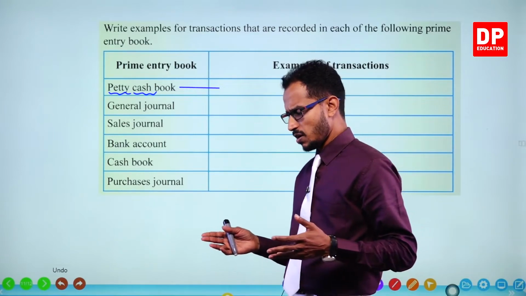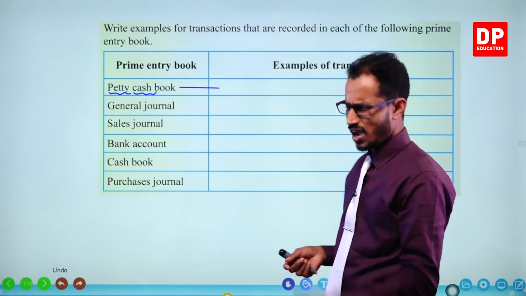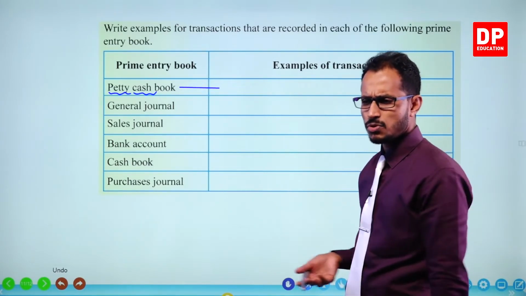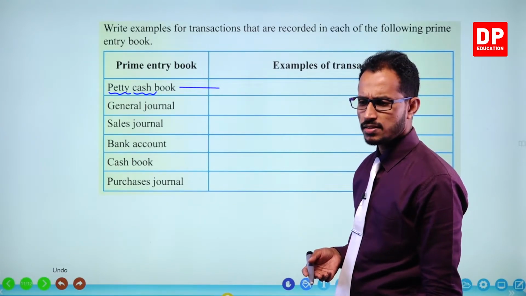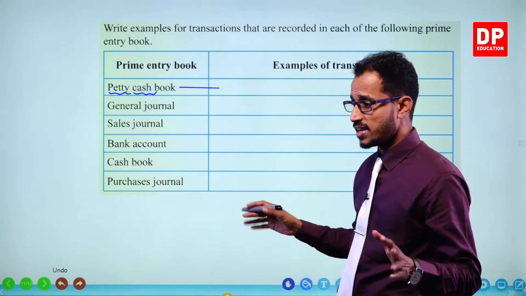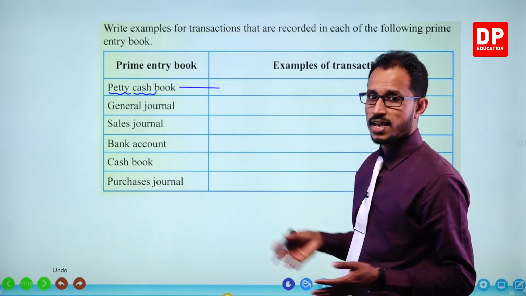Let's say you are sending 2 letters, so it will be like 50 rupees. You can't enter these amounts in the main cash book. The main cash book gets messed up and filled up if you put all the cash transactions into it.